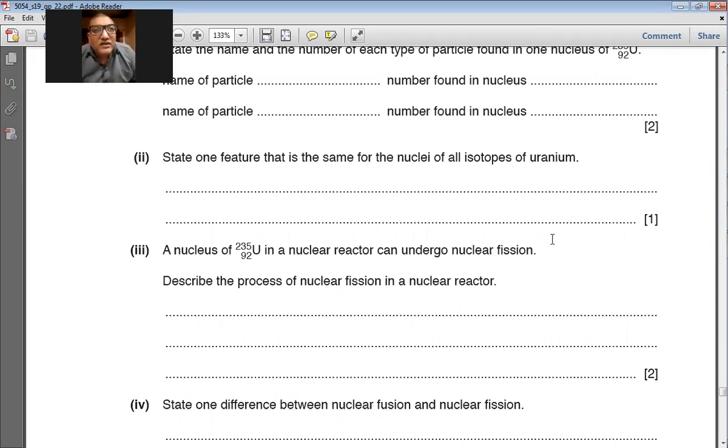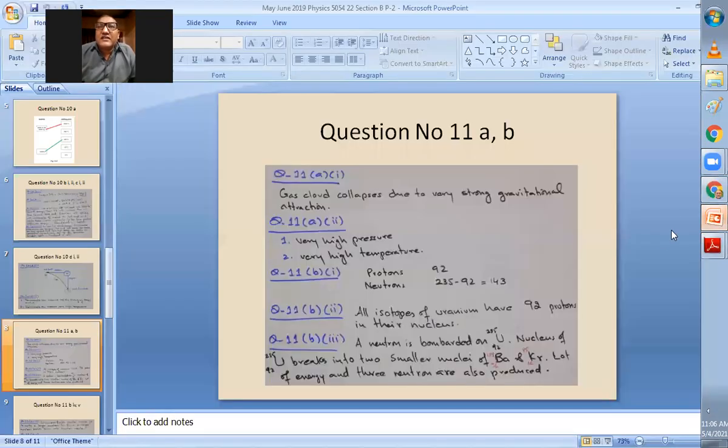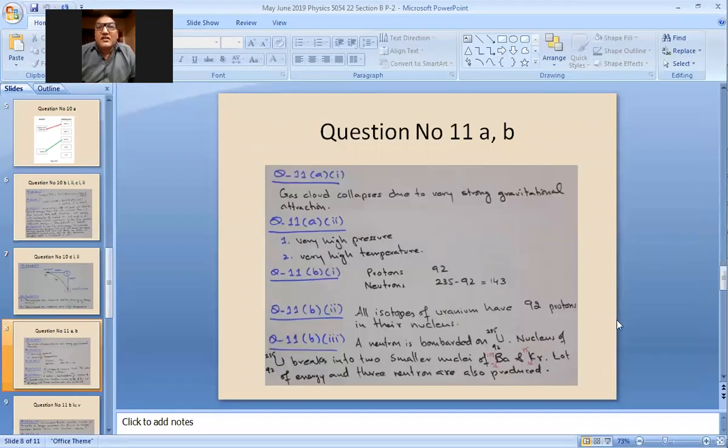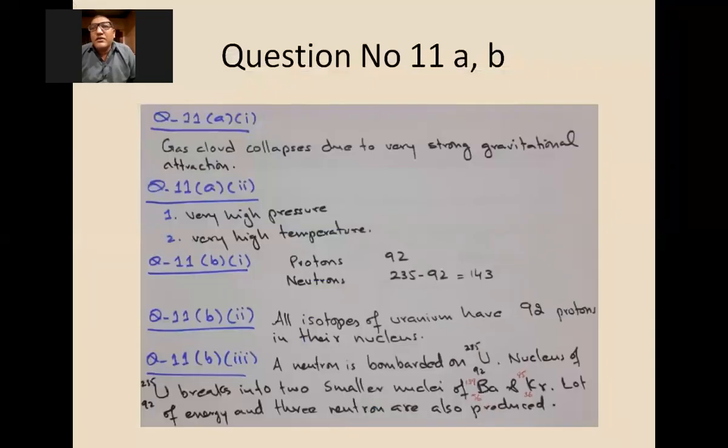So when a neutron hits the nucleus of a uranium-92-235, the nucleus is broken and it splits into two smaller nuclei, barium and krypton, and three more neutrons are given out. And during this process, enormous amount of energy is also given out. Let me show you my work.